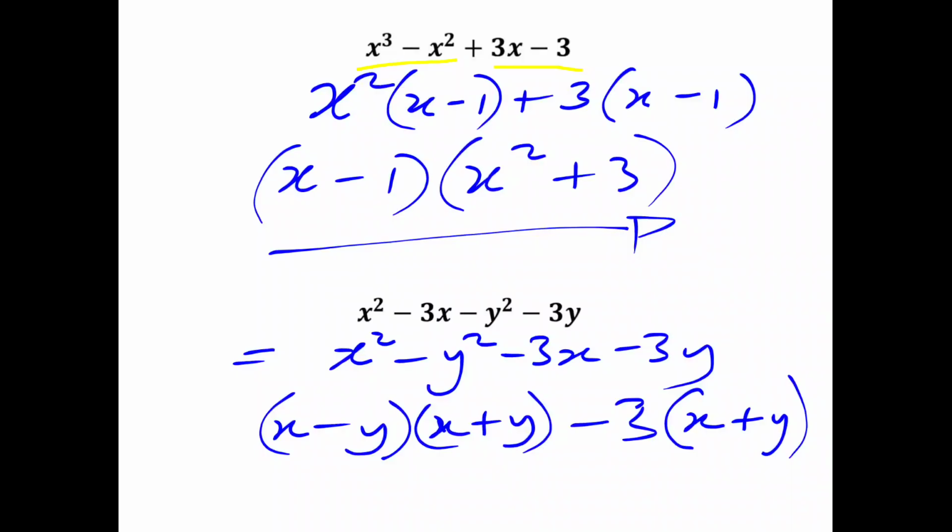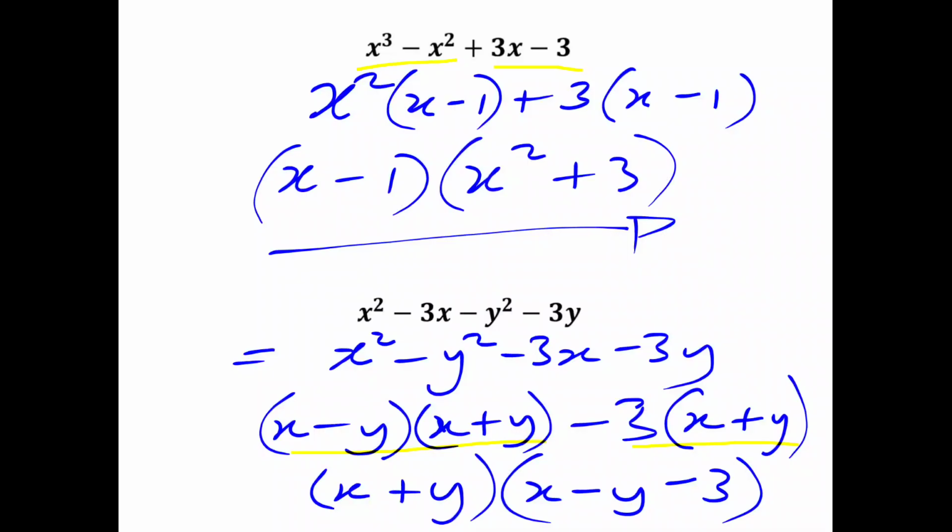Now clearly we have 2 terms here. If I may highlight those 2 terms. This is a term and this is a term. The common factor amongst these 2 terms is x plus y. So we're going to take x plus y out. And then what remains is x minus y minus 3.